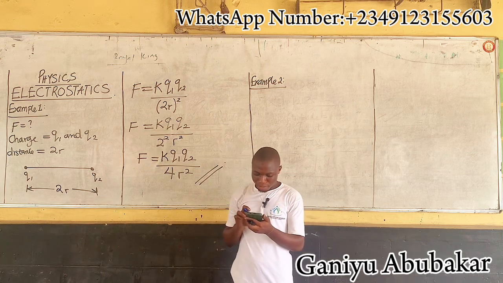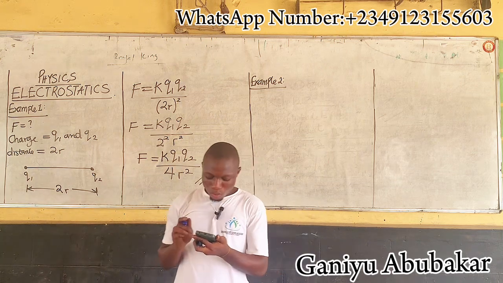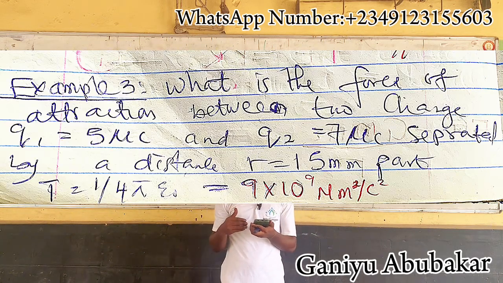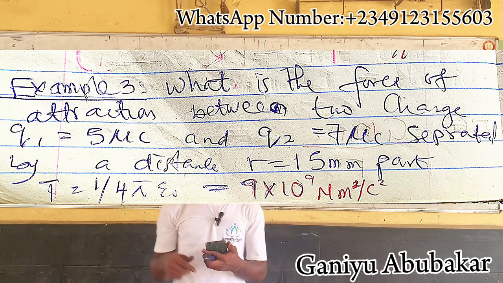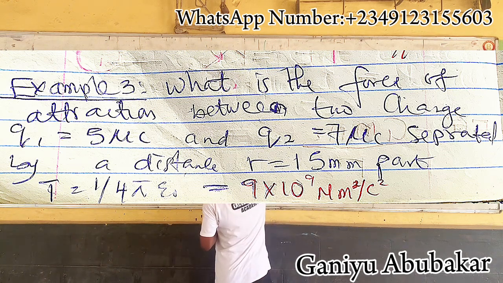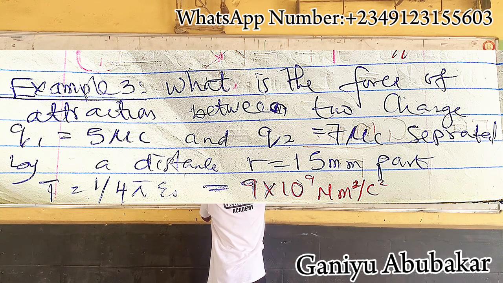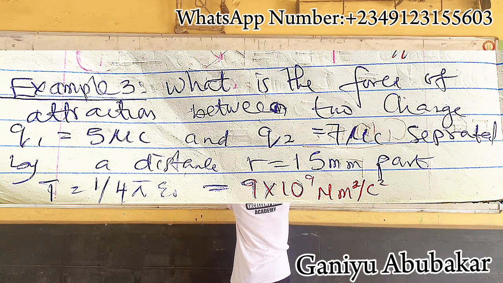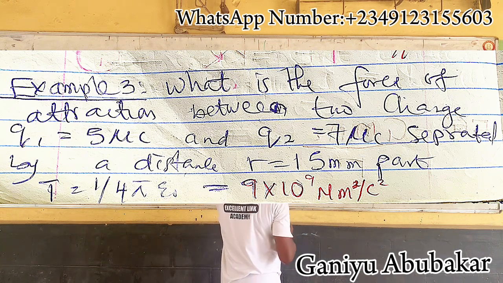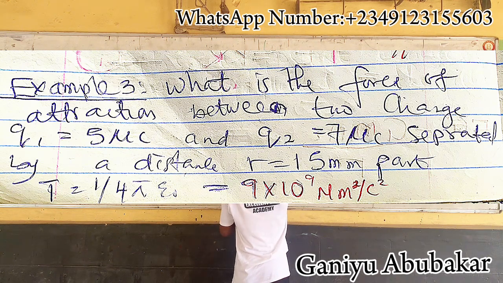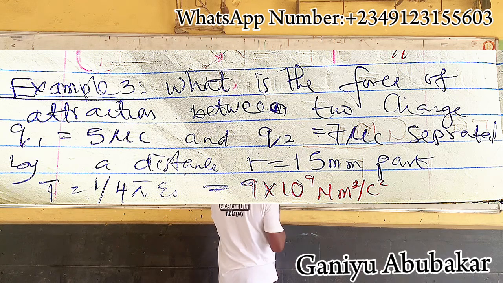Example 2 says: what is the force of attraction between two charges, Q1 equal to 5 microcoulomb and Q2 equal to 7 microcoulomb, separated by a distance of 15 millimeter apart?